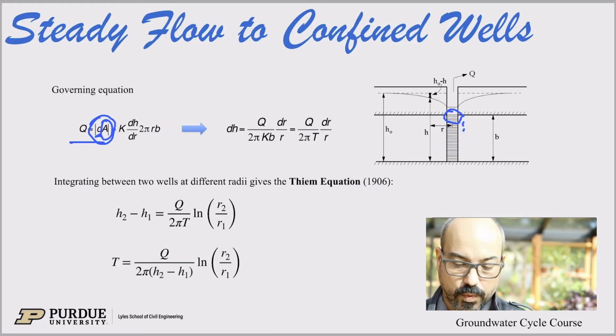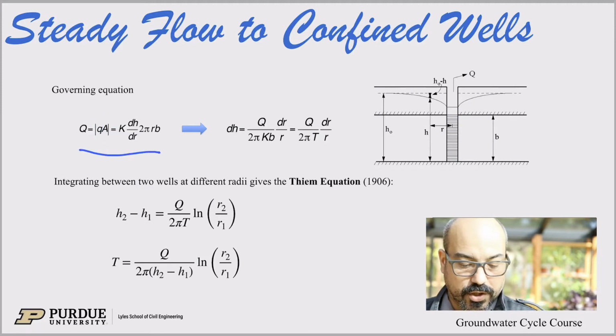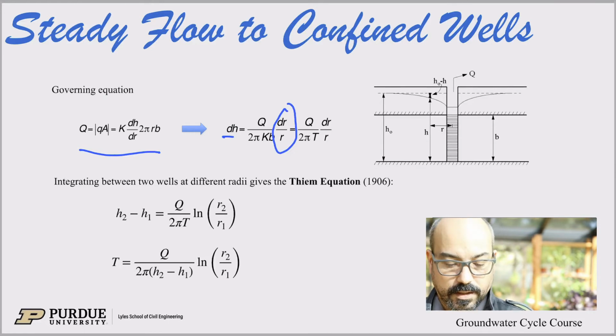Now that we have this expression, we can do the usual mathematical trick where we separate the variables and then integrate. Separating the variables, we get dH on one side and then 1 over r dr on the other side, and everything else is constants that we bunch together.